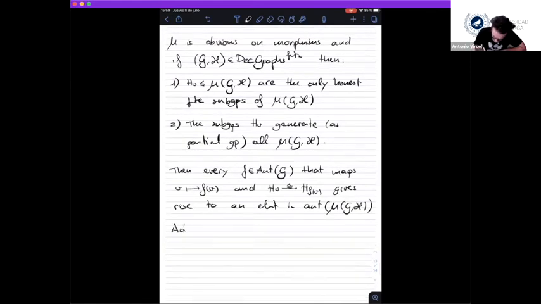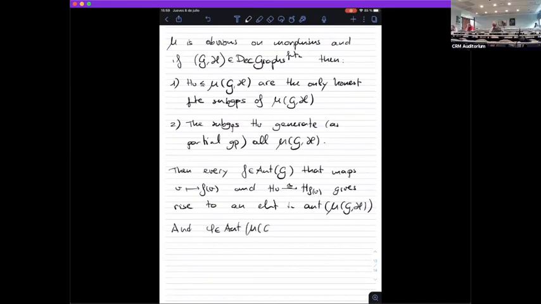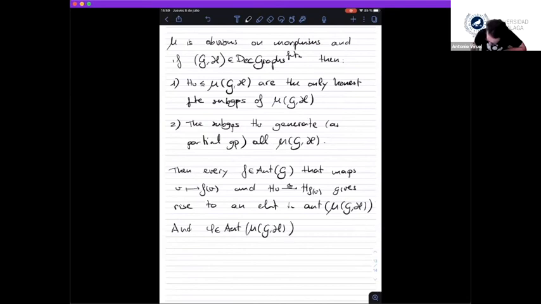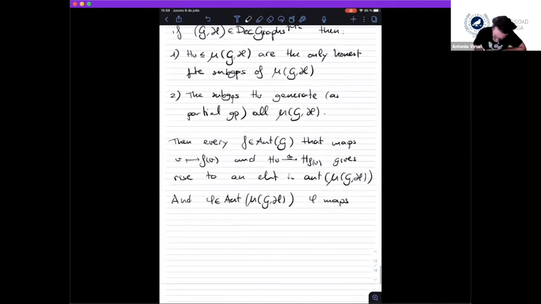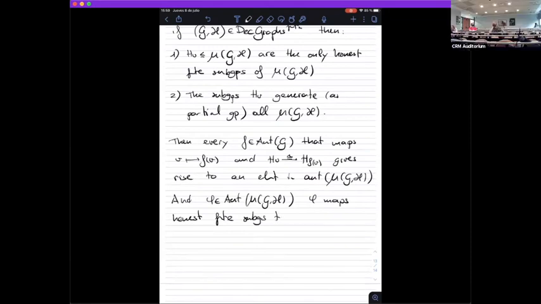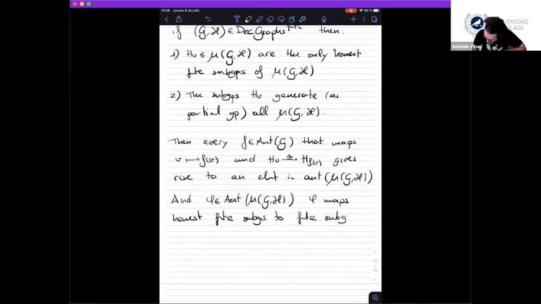And if I get again an element in Out of M(G, H), phi maps its finite subgroups to finite subgroups.